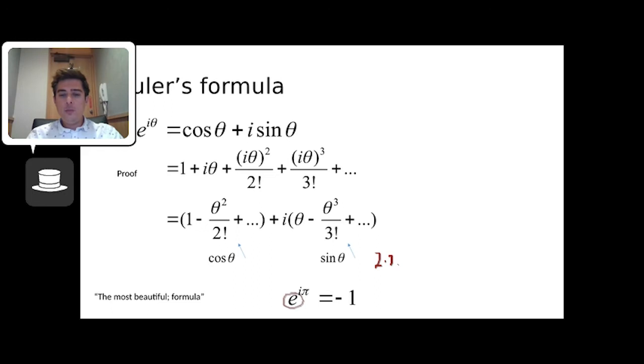Pi is some number which is like 3.14. i is this weird imaginary number that we just made up, where i squared is minus 1. Of course, 1 is maybe the most basic of all numbers, and we've also got the minus sign here. So we've got all these different types of numbers coming together and all related to each other in this way. This is why it's the most beautiful formula in mathematics.